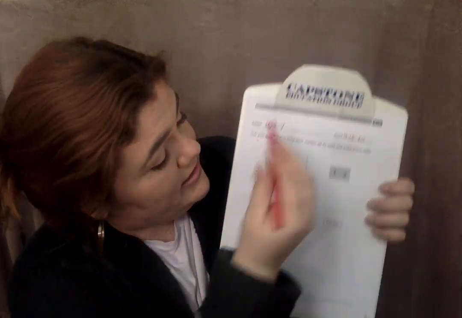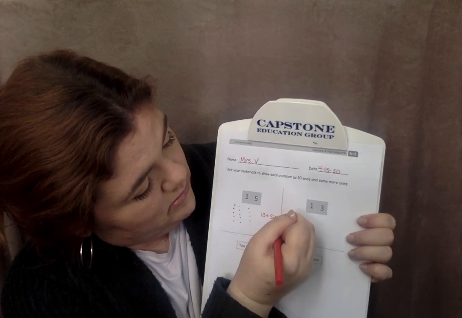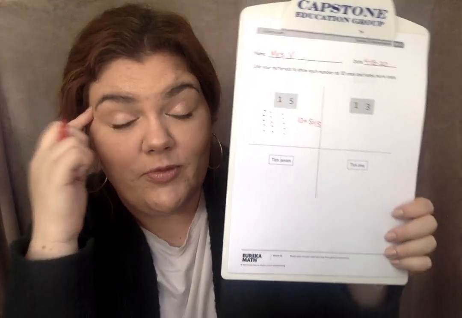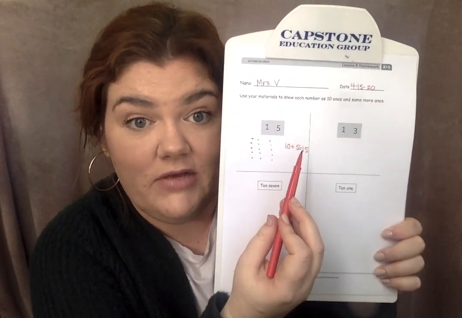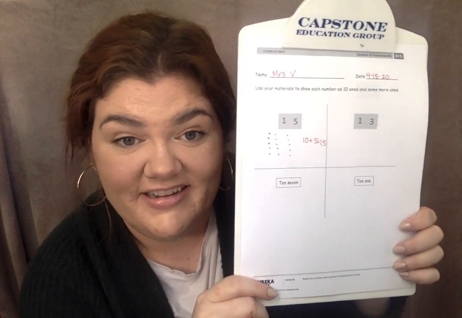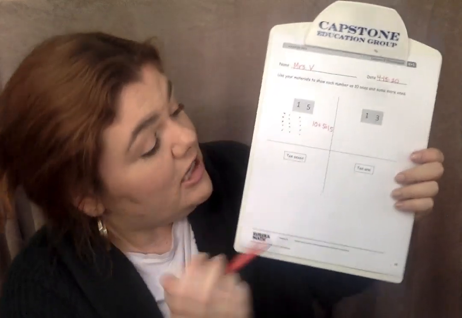And if you want, like we've been doing the past couple lessons, you can write a number sentence to help with your brain and be like, okay, I know that 10 plus 5 equals 15. All right, Princeton K, I'm going to leave you with that as your example.